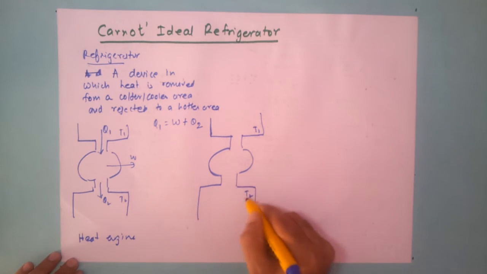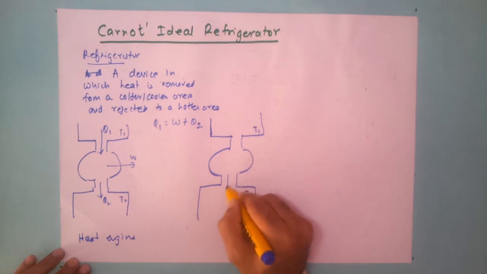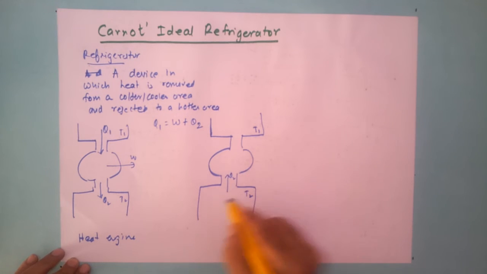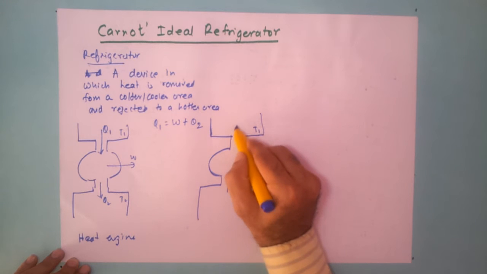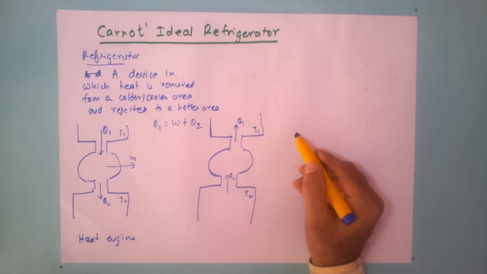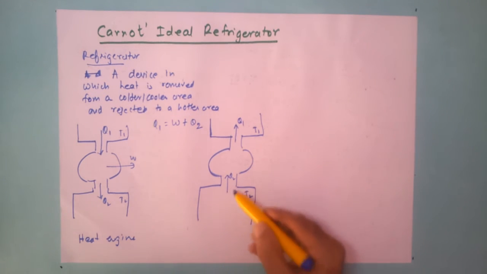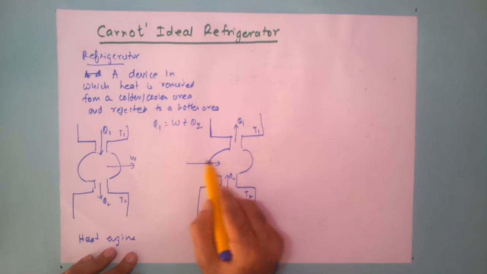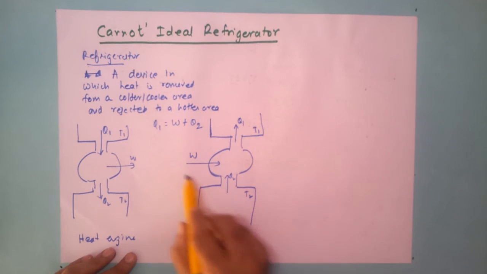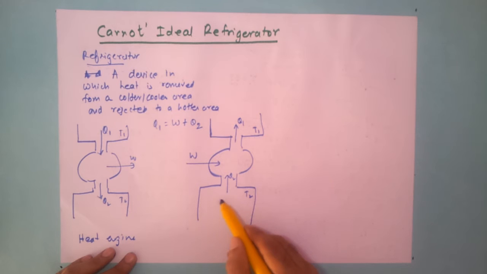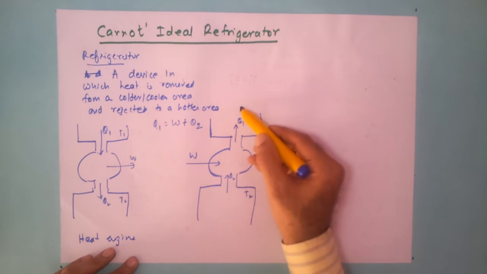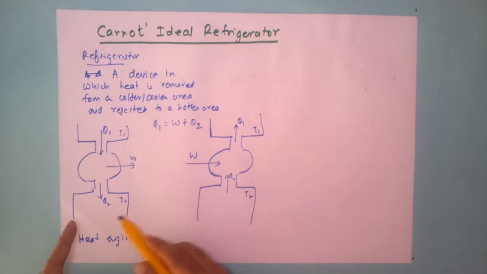So from this area, which is at a lower temperature, Q2 heat, I will keep the same symbols, Q2 heat is being removed and Q1 heat is being thrown at a higher temperature. And to do this, since this is not a natural process, work W is given. So electrical energy is given, and this removes heat from the foodstuff and gives it to the atmosphere.